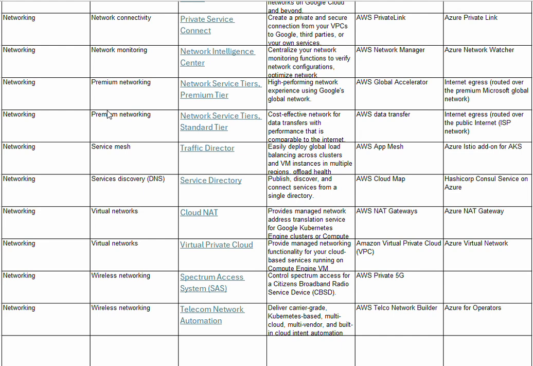Now, a very important thing we are discussing right now is Cloud NAT. Cloud NAT is done automatically by specific resources. NAT gateways are important because NAT is done automatically with the router's capabilities.